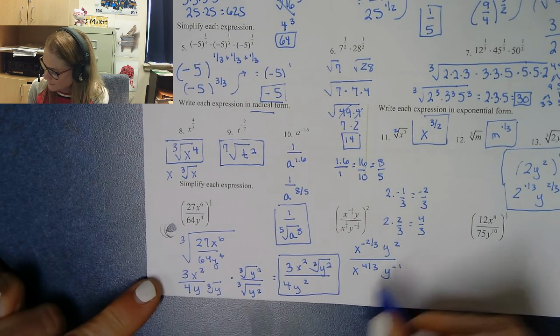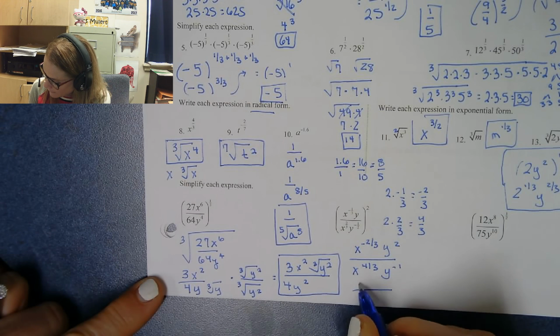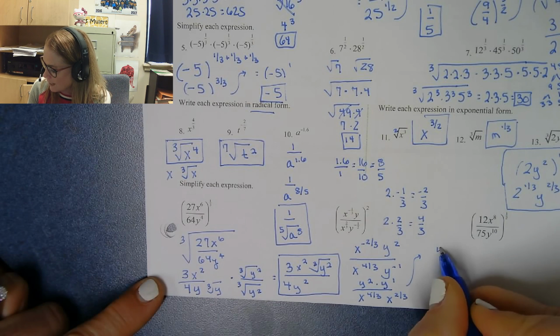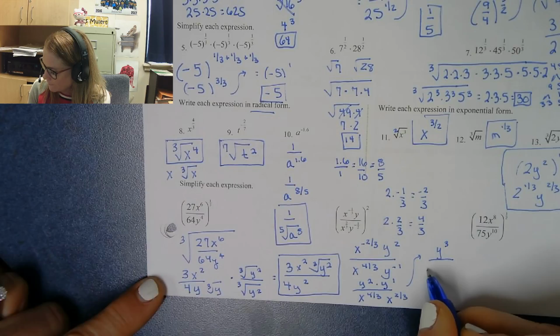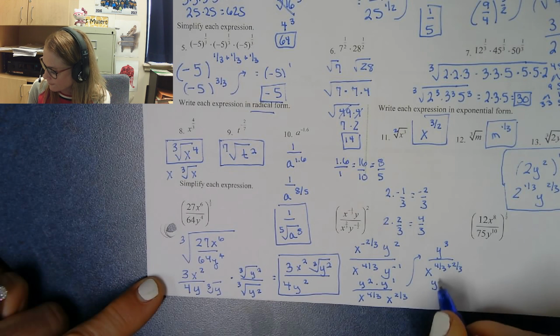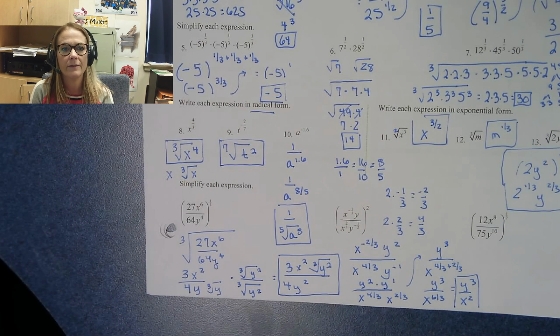All right, so let's make things comfortable here. I'm going to have y squared up top, and y to the negative 1 will go up as y to the positive 1. We've got x to the 4/3 in the denominator, and then x to the 2 over 3 will come down. So a total of y cubed up top, and x to the 4/3 plus 2/3 is x to the 6 over 3. So that's y cubed over x squared. Y cubed over x squared when all is said and done there.